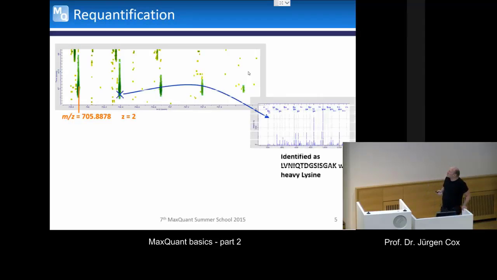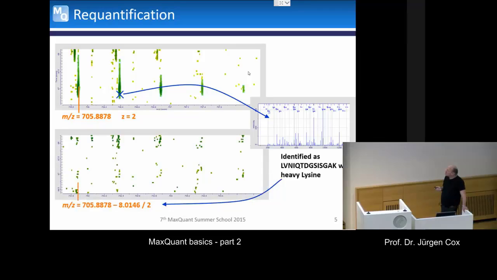Assuming that we then identify this peptide, from the identification we know if it's heavy or light. Let's say we found that it is a peptide with a heavy lysine from the MSMS identification. Then we would make a second attempt to do a ratio quantification for this peptide.